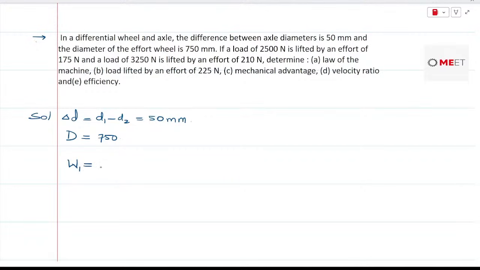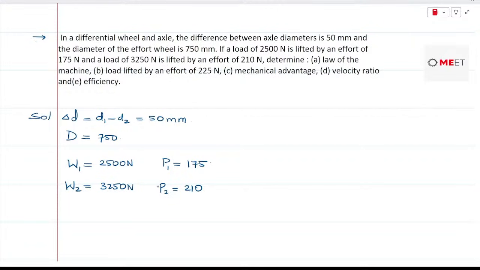That is, in the first case, the load of 2500 newtons is being applied with an effort P equal to 175. In the same way, the load is increased to 3250 and the effort is increased to 210. So what is the law of machine?